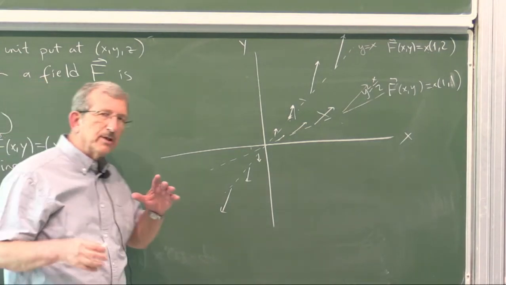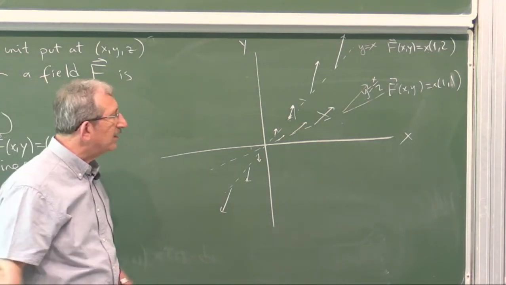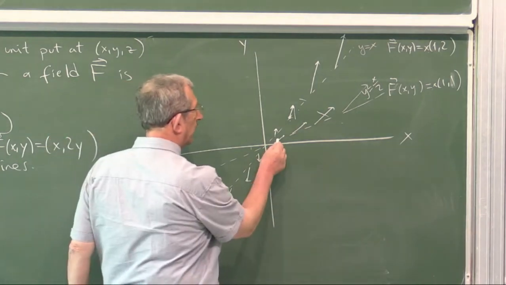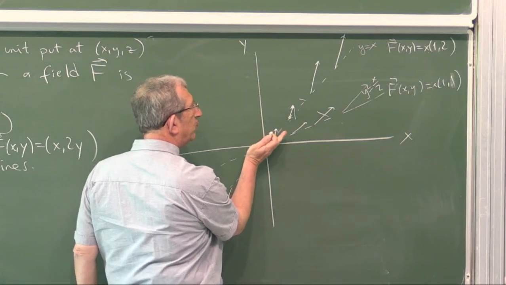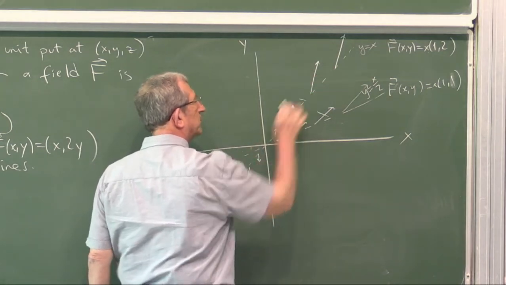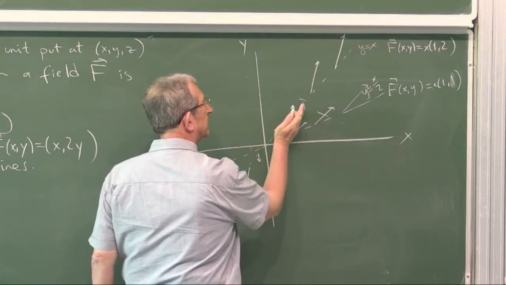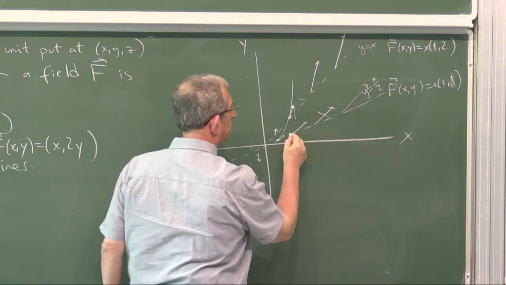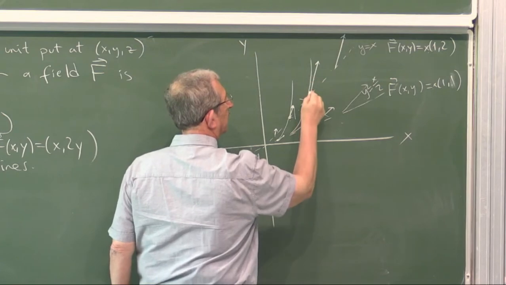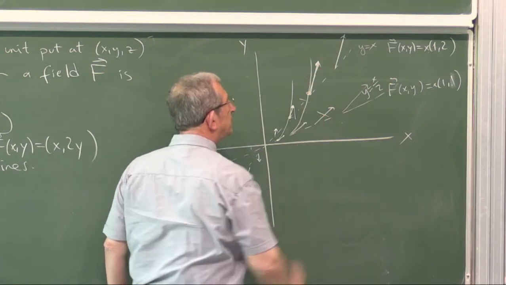Well, now you must have got the following feeling. If I put some point here, it will move in this direction, but when it gets nearer to this curve, it will change its direction like this. Because these are, after all, tangent vectors.